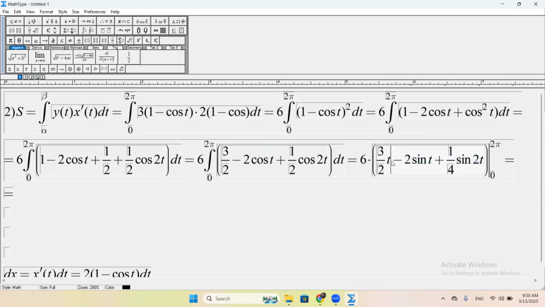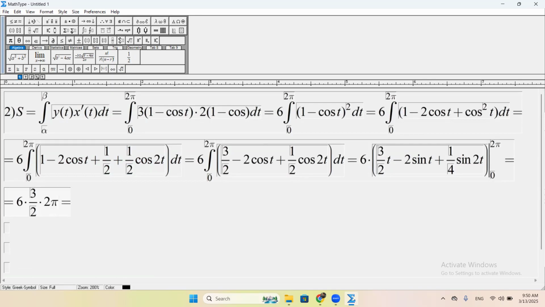And the addend which is interesting for us is 3 over 2t. So it will be 6 multiplied by 3 over 2 and multiplied by 2p.